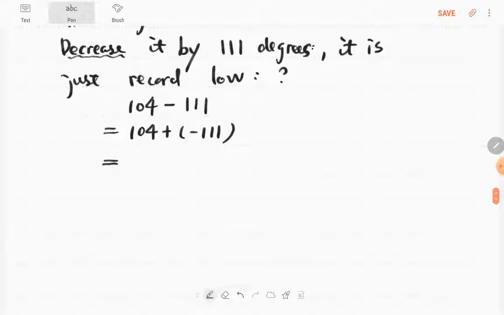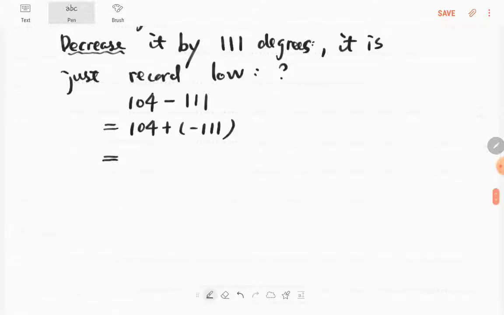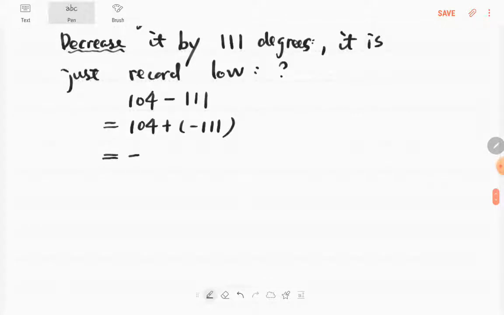We check which one has bigger absolute value because they have different sign, right? Positive 104 and a negative 111. So different sign, we need to check which one has greater absolute value. So the negative number will have the greater absolute value, which means our answer should also have negative sign.